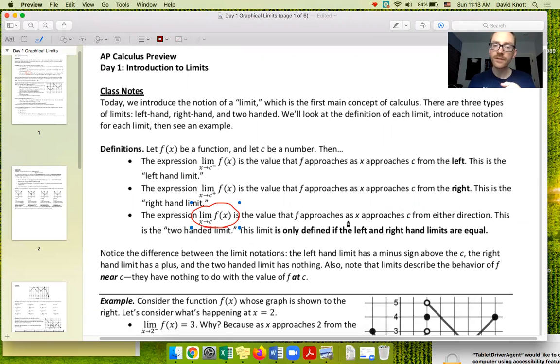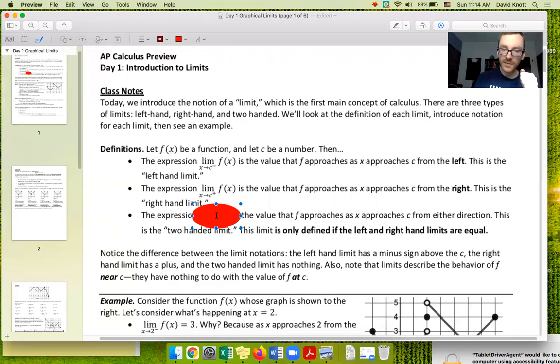And it is critical to understand that this limit is only defined if the left and right hand limits are equal, okay? So only if the left hand limit is equal to the right hand limit is this thing actually defined. If they're not equal, then that two-handed limit is just undefined.